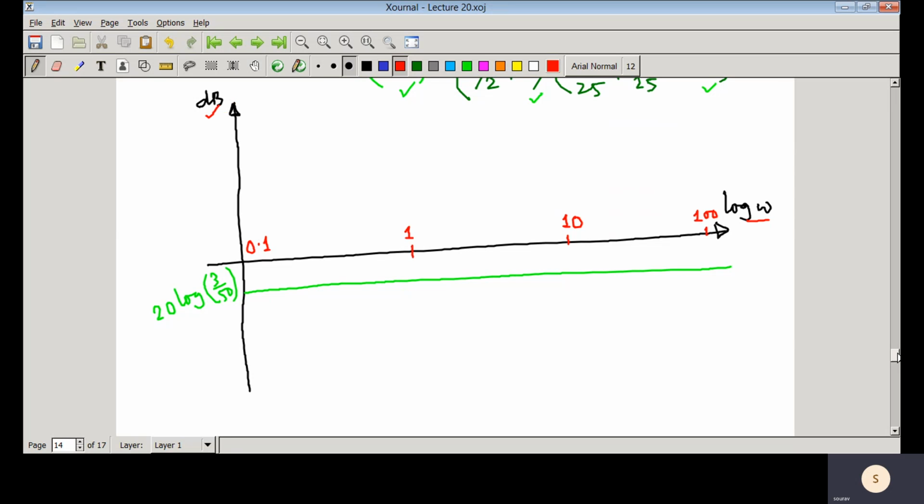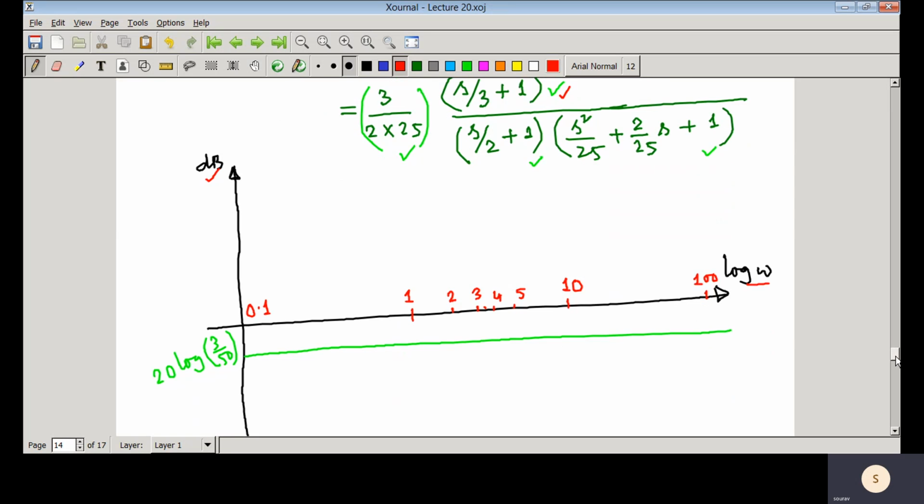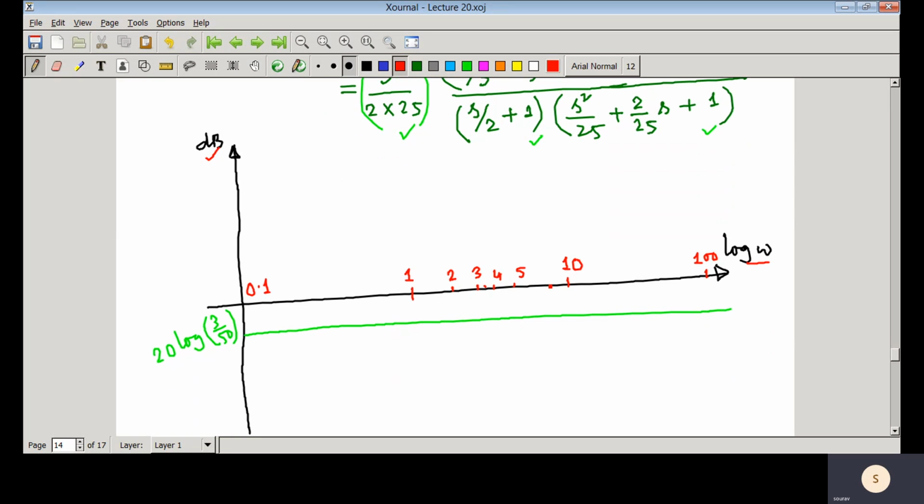Now what would be the asymptotic Bode plot for s by 3 plus 1? There would be some corner frequency, here say 2, and here say 3, 4, 5, like that. They are not to scale, I have just shown those frequency points between 1 and 10.